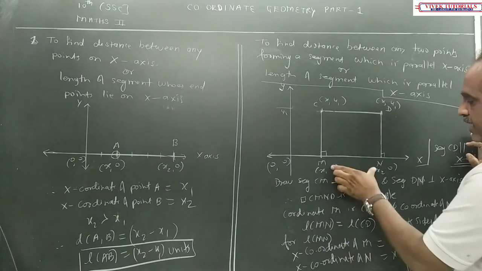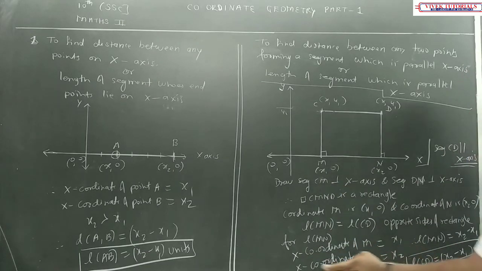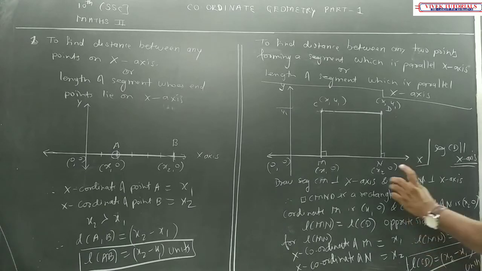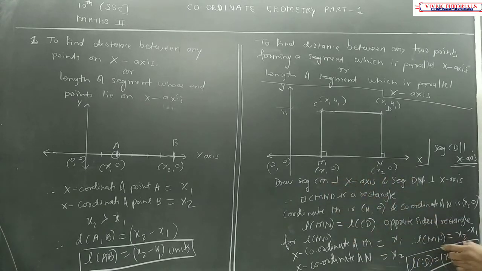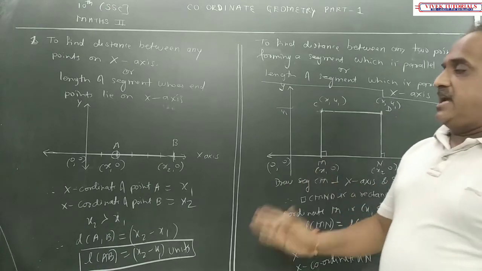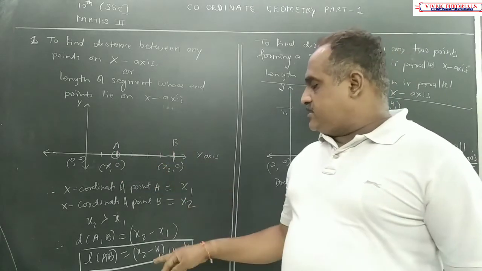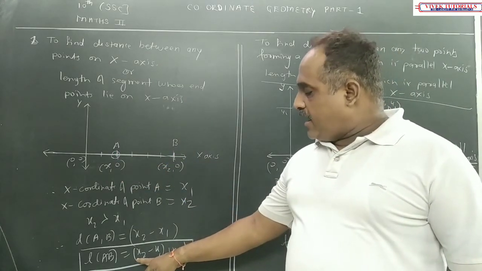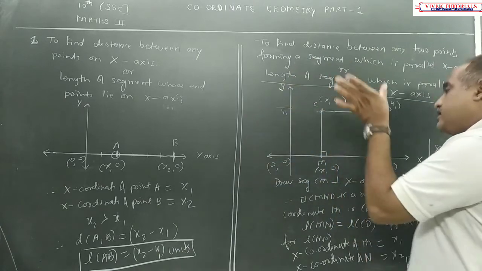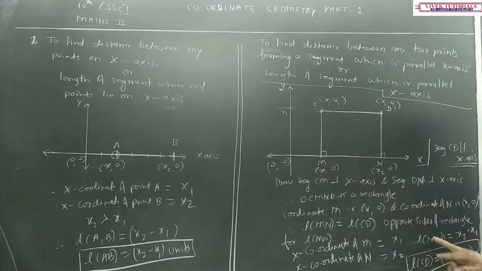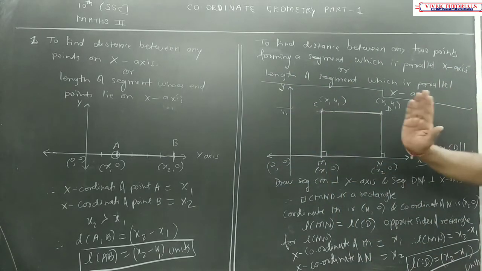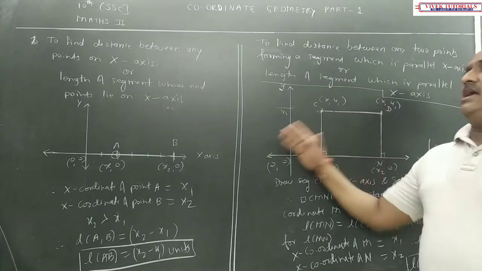For length MN, the x coordinate of M is x1, and of N is x2. So length MN is x2 minus x1. But length MN is equal to length CD. So length CD is also x2 minus x1. This means, to find the distance of a segment on the x-axis, we apply x2 minus x1, or for a segment which is parallel to the x-axis, also x2 minus x1. So the formula is the same for both.